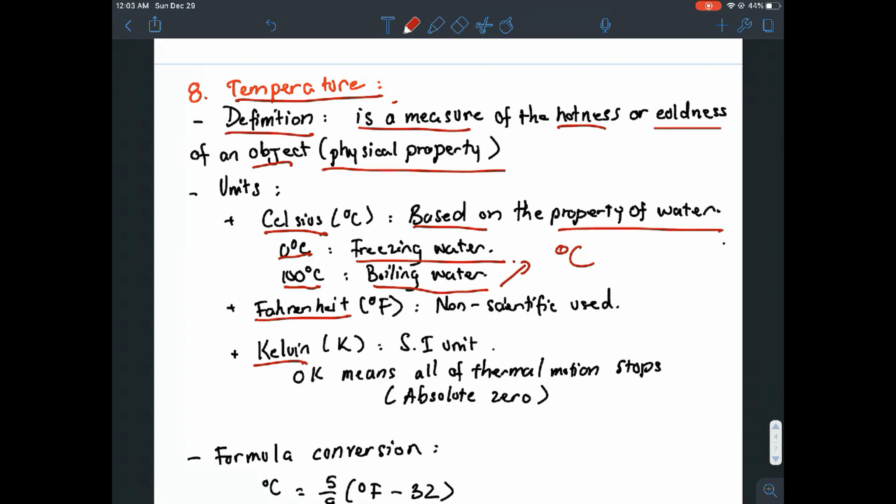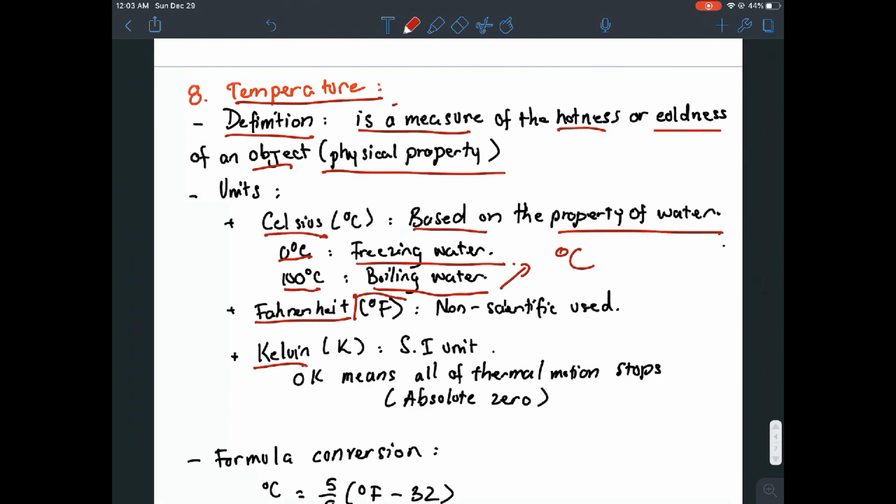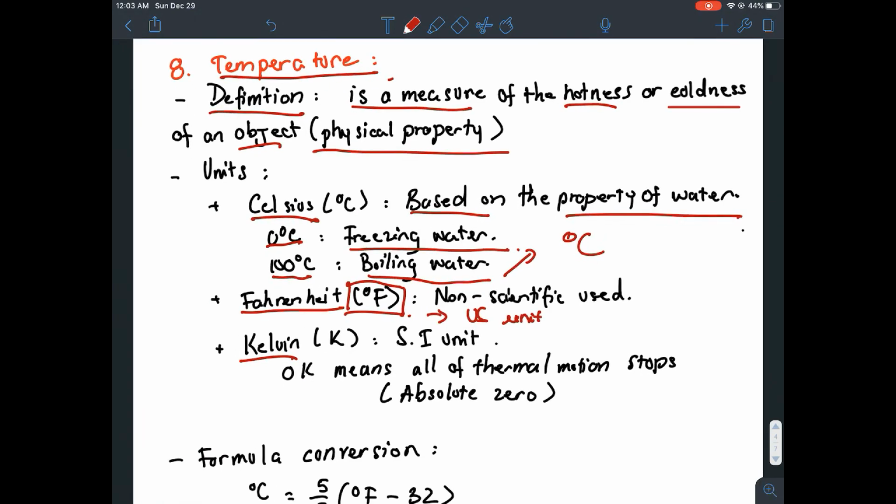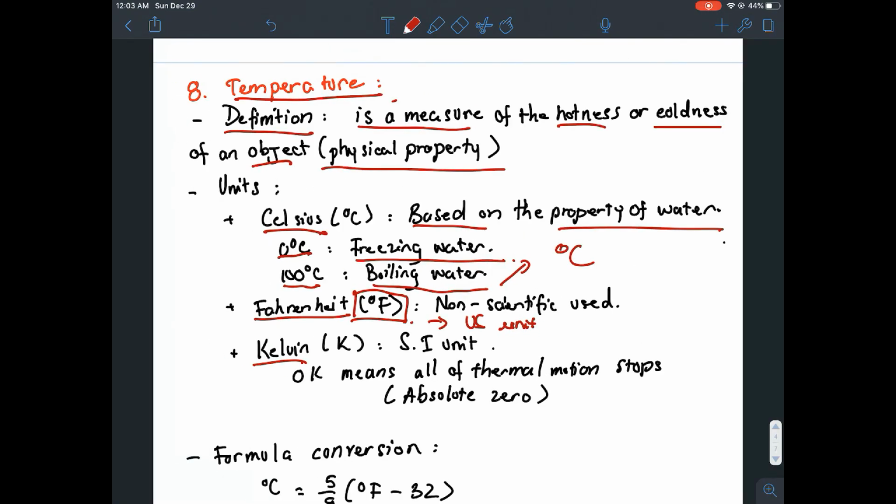The Fahrenheit here is the US unit, because most American people use Fahrenheit to measure temperature. However, it is for non-scientific use, okay?